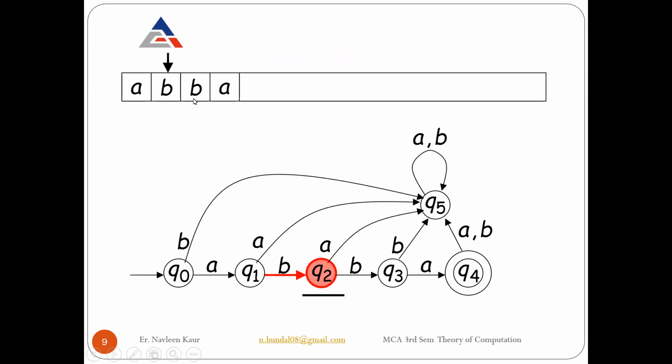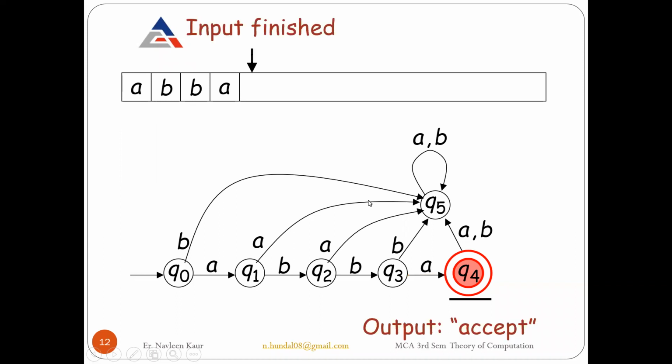After that you have one more b, and you will reach Q3. The last a of the string will take you to Q4. As this string is taking you all the way from the starting state to the final state, it means this string is being accepted by your finite automata. That's why you are getting the output accept.